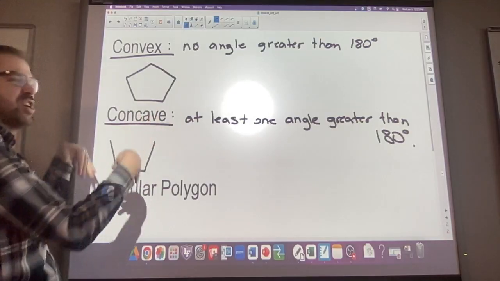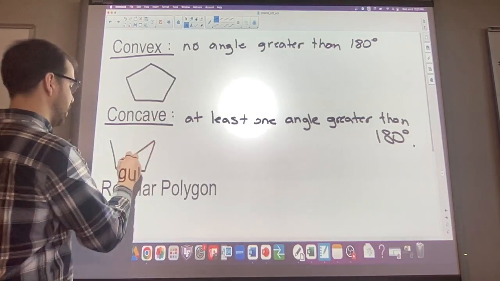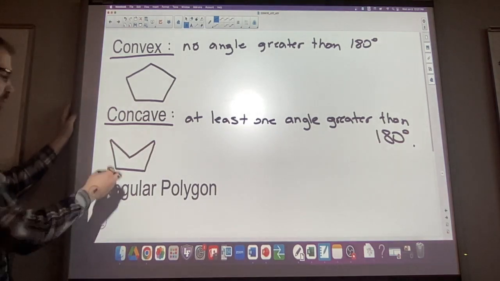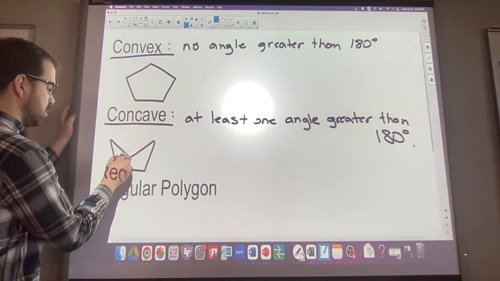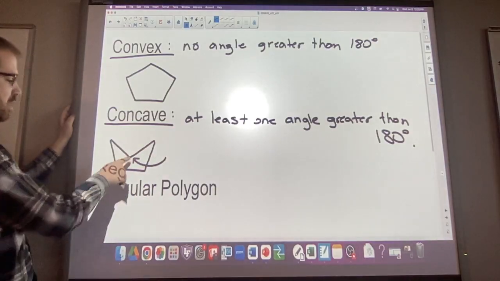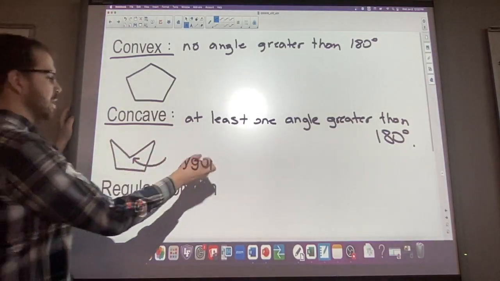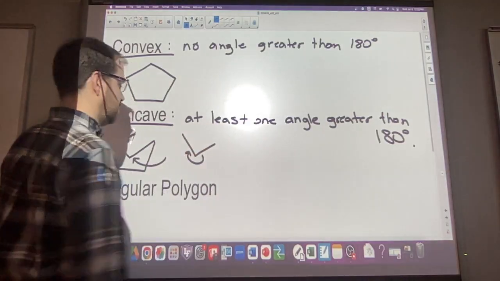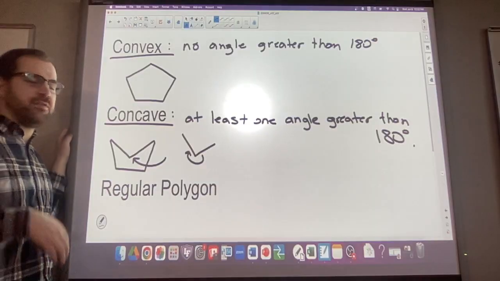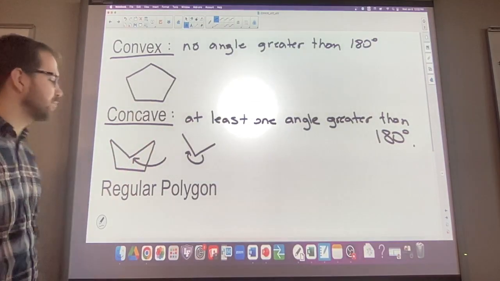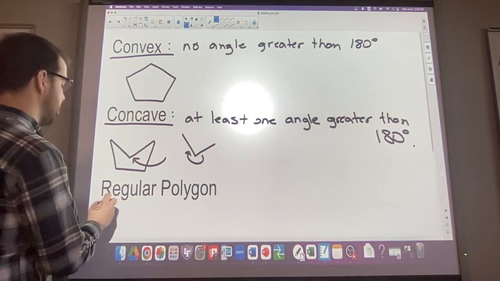We sort of cave the shape in on itself, like this. That would be concave. Because if we look at this angle right here, the interior is going to be more than 180, because we're measuring around it like this. If you don't remember that, just think of the word cave. It caves in on itself. That's concave.